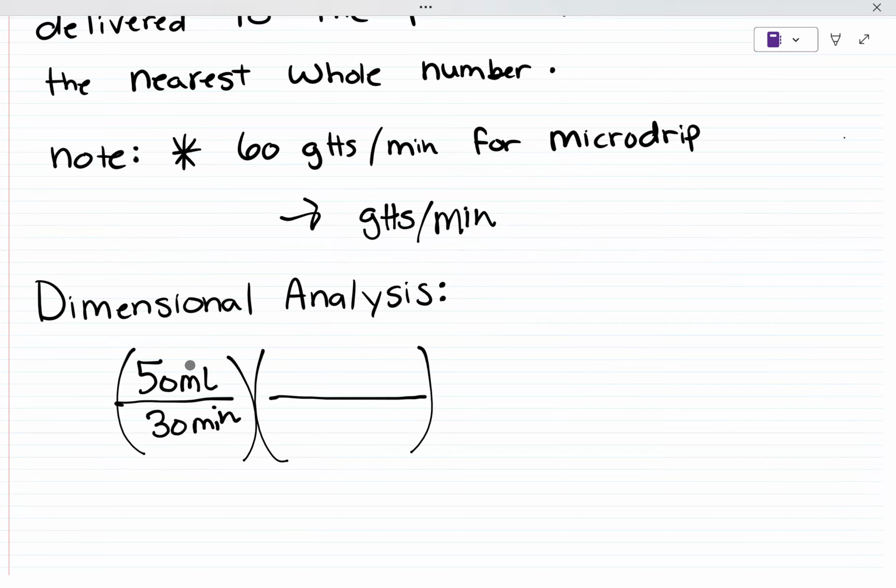I have to convert this milliliters to GTT. So we know that we are dealing with micro drip, so it's going to be 60 drops per milliliter.